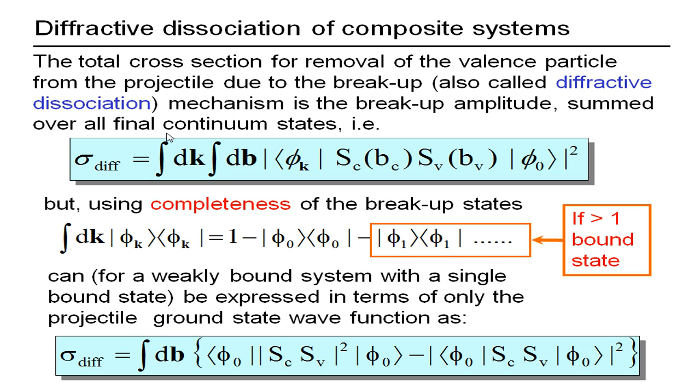Okay, there's like a CDCC calculation. So this is a much less violent event, where you have an elastic breakup of the projectile, and this will be important, of course, if the projectile is very weakly bound, such as beryllium-11.